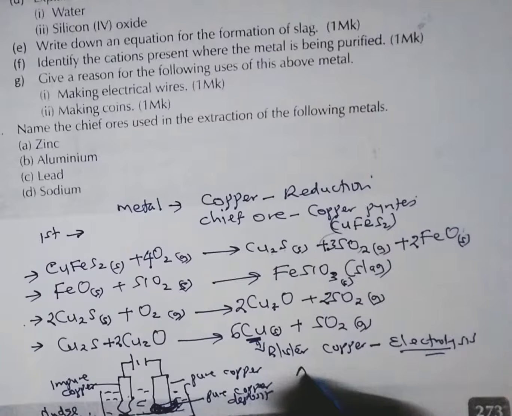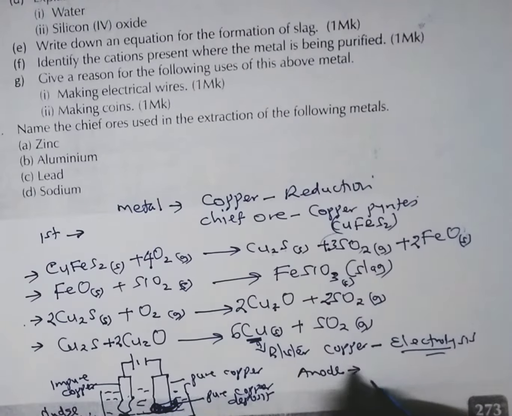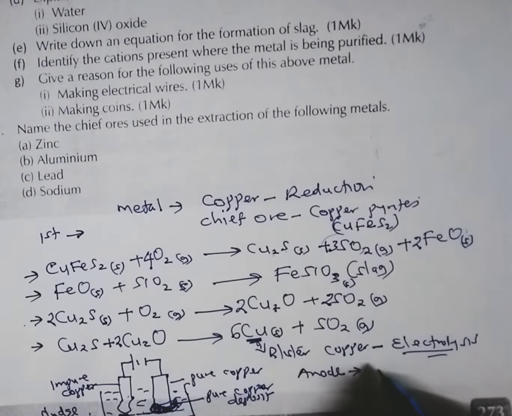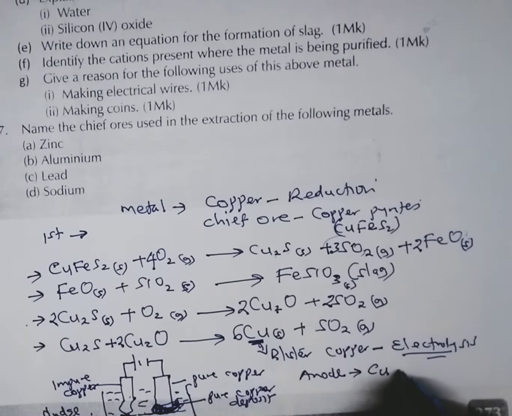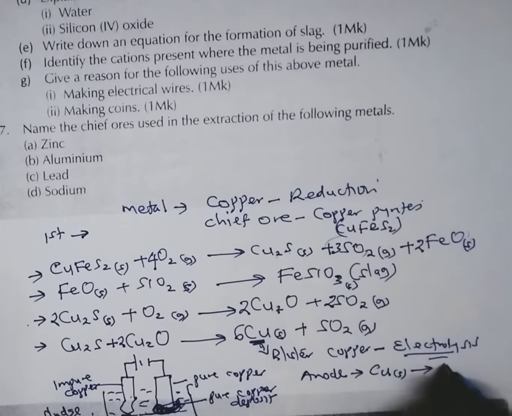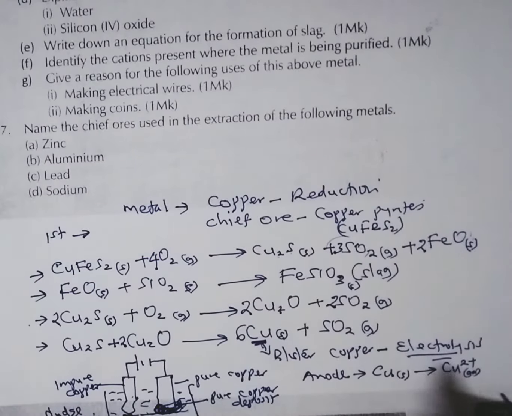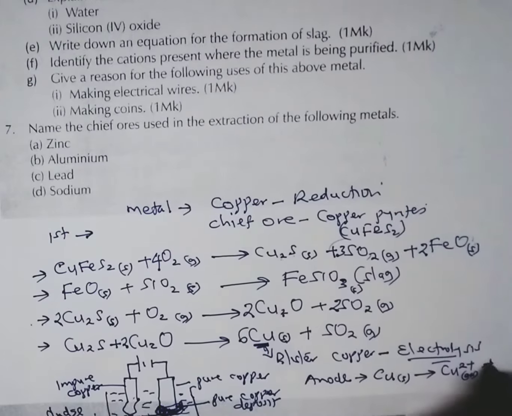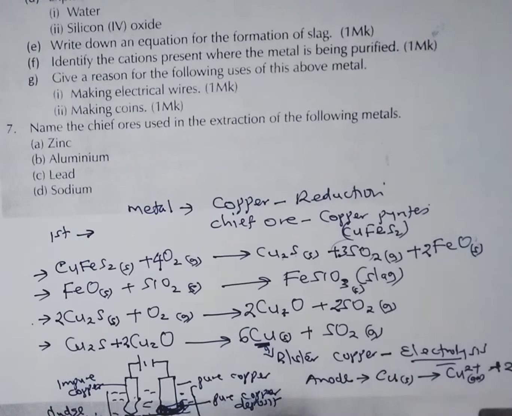One, we have a point where the anode dissolves so that it can release the pure part of the copper and the impurities. In this case, the copper metal, which is a solid, will dissolve and get into solution as copper 2 ions, and it will do that by releasing 2 electrons.